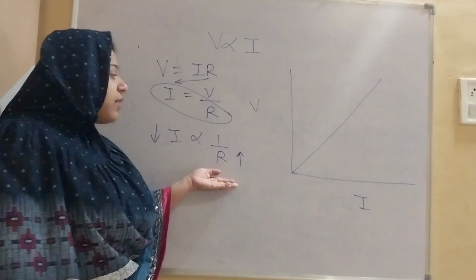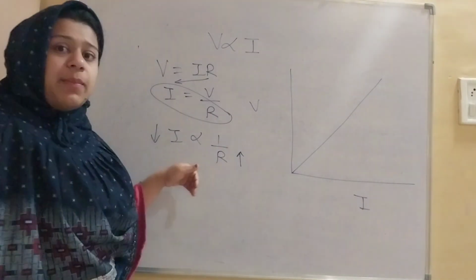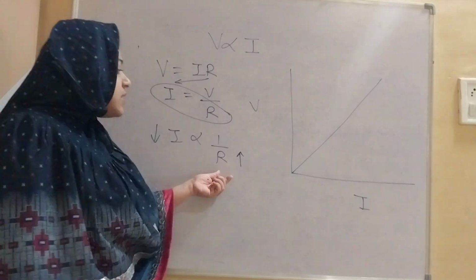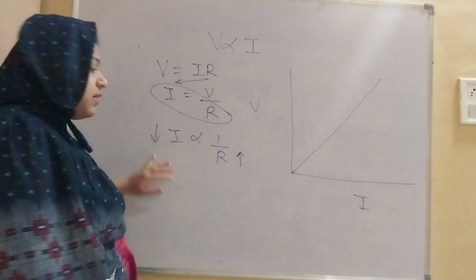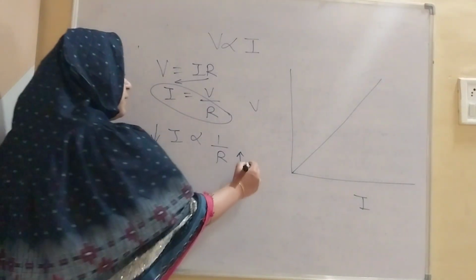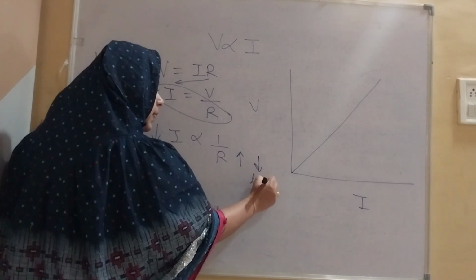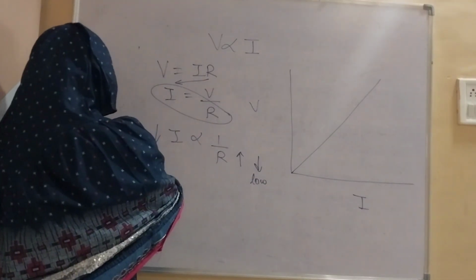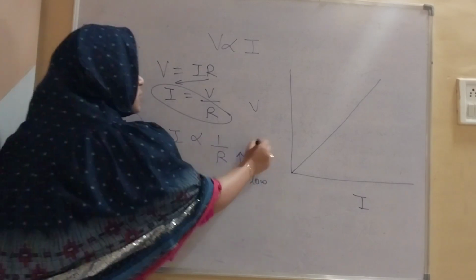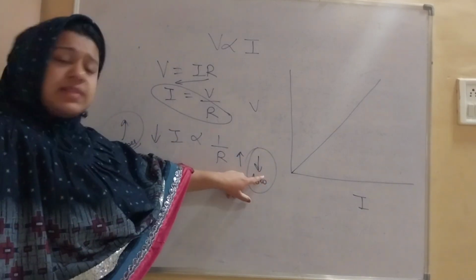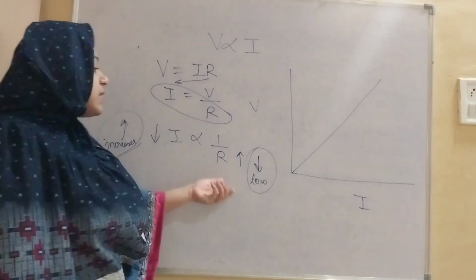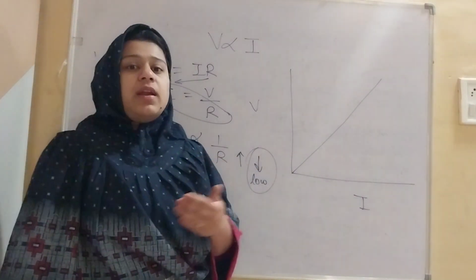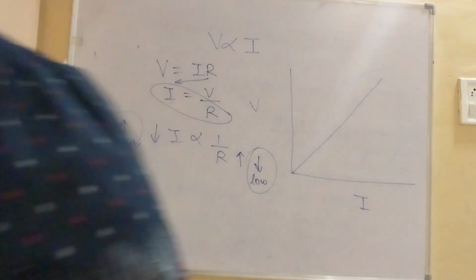So if the obstruction increases, the current will decrease, because if we obstruct more, less current will flow. Okay, so resistance increases, current decreases. And if there is low resistance, less resistance, then the current increases. Okay. So if the resistance is less, current is more. If the resistance is more, current is less. So current and resistance both are inversely proportional.